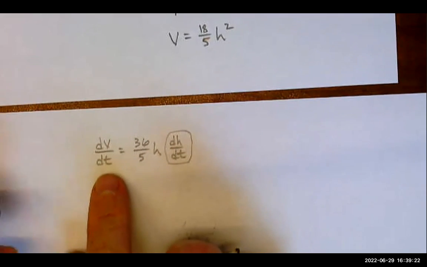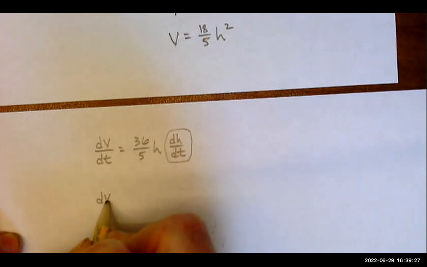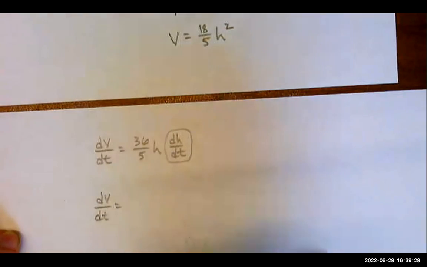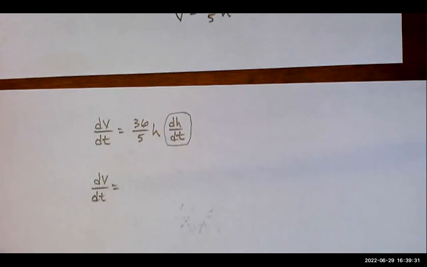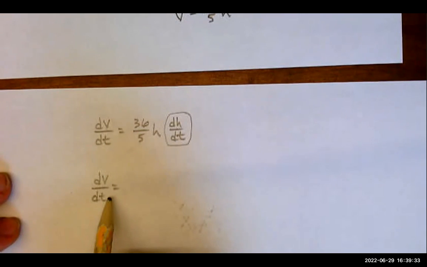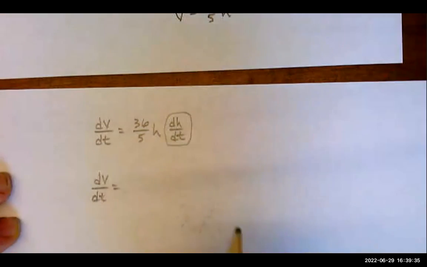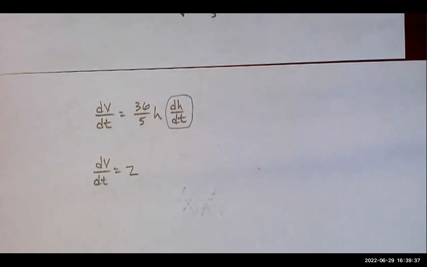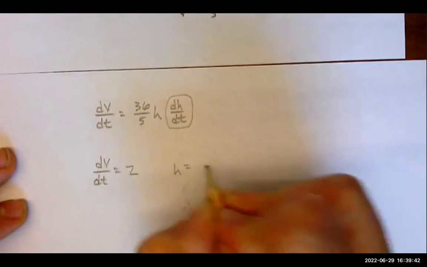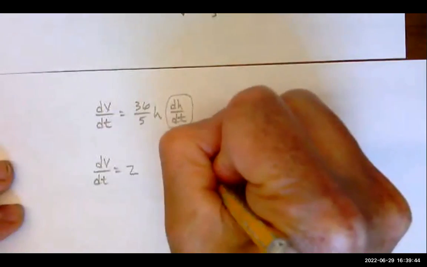Well, what does that mean for dV/dt? And what does that mean for h? And it turns out they told us both of these just flat out, no work at all. They told us that water is being pumped in at 2 feet cubed per minute. So we know the volume is changing at 2 feet cubed per minute. And they told us to do it at the moment that the depth of water was 1 foot.